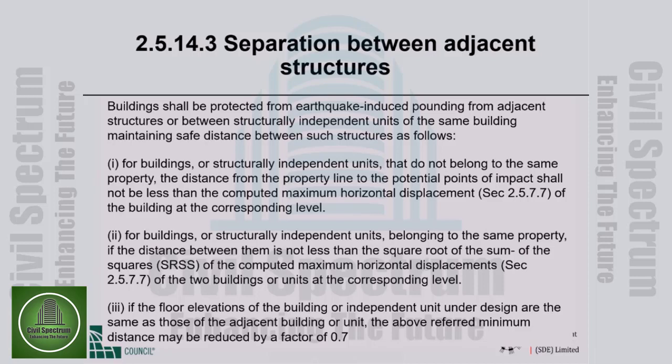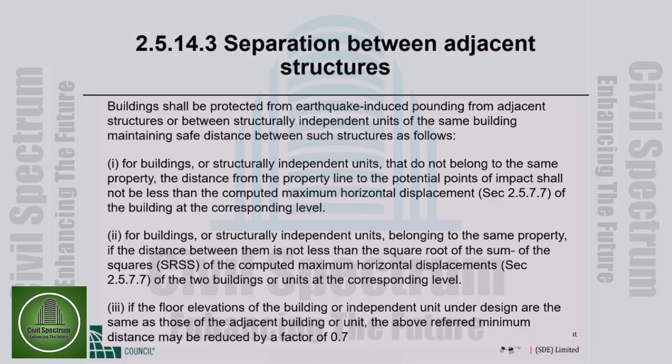If the two buildings belong to the same owner, we would allow a shorter separation distance, which is the square root of the sum of the squares of the computed deflections, because now we don't mind the two buildings touching each other, provided the damage is not unacceptable. So that's what that is, and this is the same as in ASCE 7.